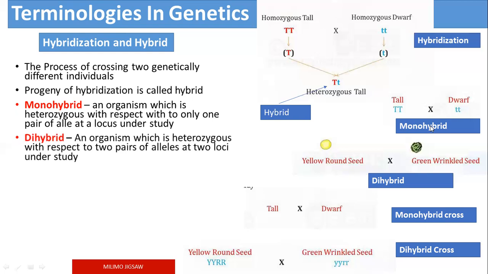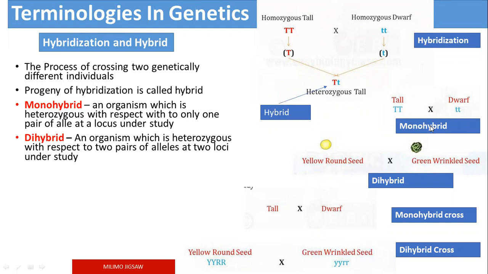Now, a dihybrid is an organism which is heterozygous with respect to two pairs of alleles at two loci under the study. Di means two, so you're looking at two characteristics being investigated or studied.